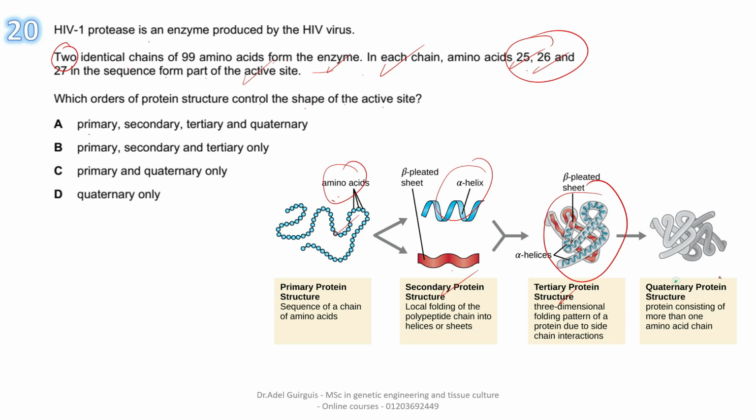What about quaternary structure? When the protein is formed from more than 1 polypeptide chain, it is considered quaternary. Look at this shape, one gray and the other dark gray or black. So it is quaternary structure. So the answer is A.